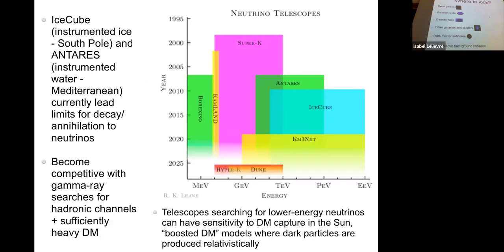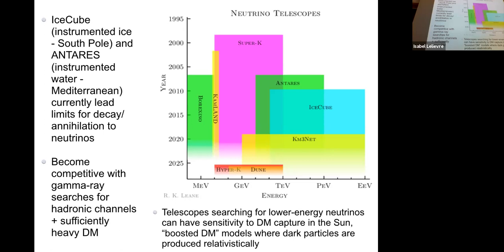Okay, so that is close to the complete list of telescopes that are usually looked at for decay and annihilation constraints. It's not going to be a fully complete list, as I mentioned, especially in the microwave band. There are definitely telescopes missing from this. And you can also do more exotic things. In particular, there's been a fair bit of work recently on looking at compact objects, like neutron stars and supernovae.